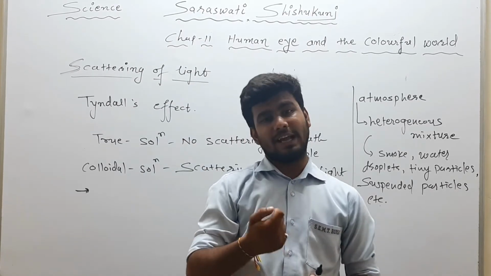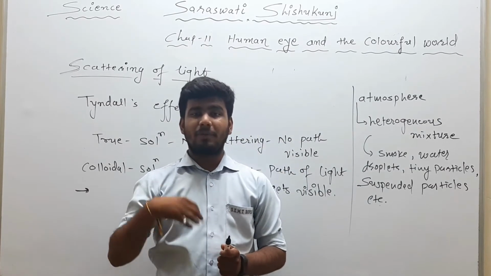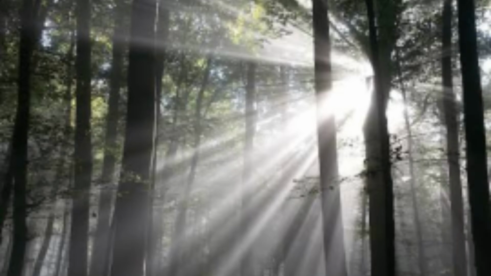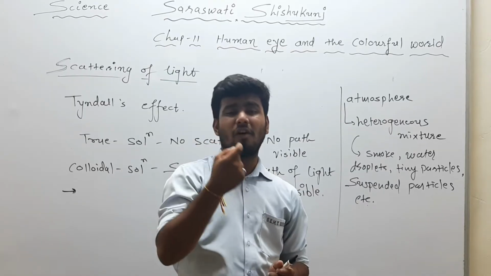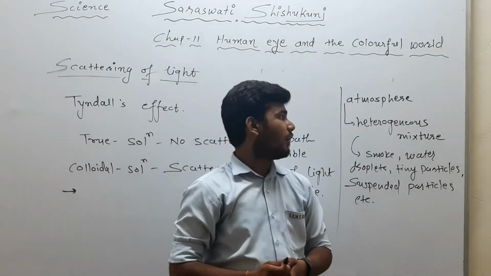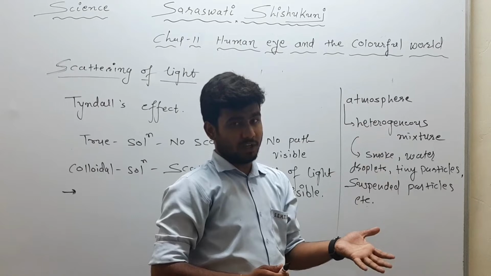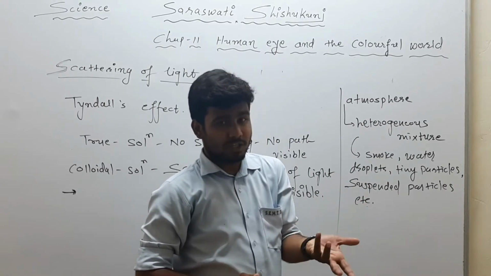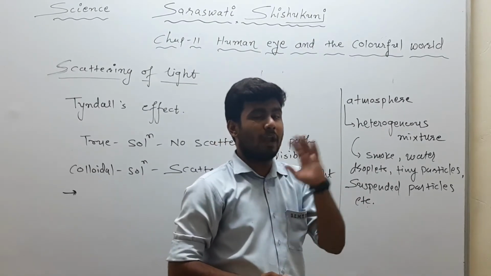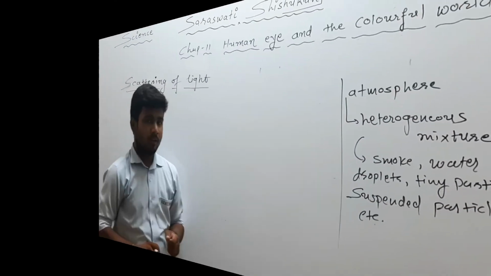So that is an example of Tyndall effect. Also, when light beams enter from the canopy of a forest, in that case also the path of light becomes visible. So that's also Tyndall's effect. The atmosphere works as a heterogeneous medium, and it's also one type of colloidal medium, so let's see which phenomena happen.